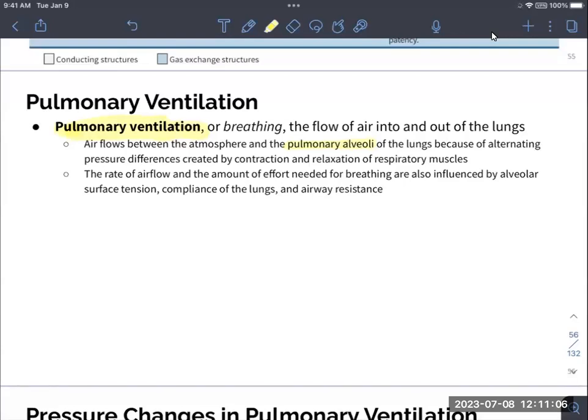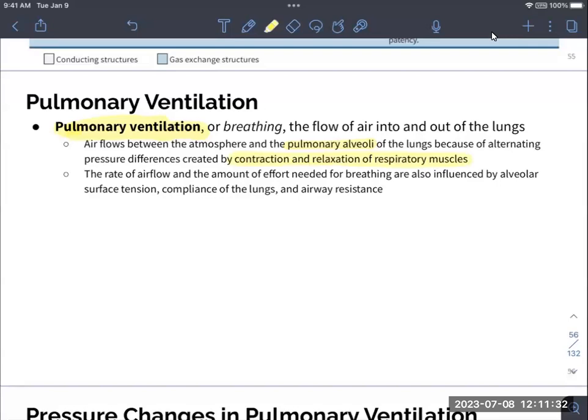We create pressure changes with the atmosphere around us and within our lungs. And we cause this through contracting and relaxing our respiratory muscles. We're able to actually generate these different pressure changes that are going to allow air to enter and leave the lungs.